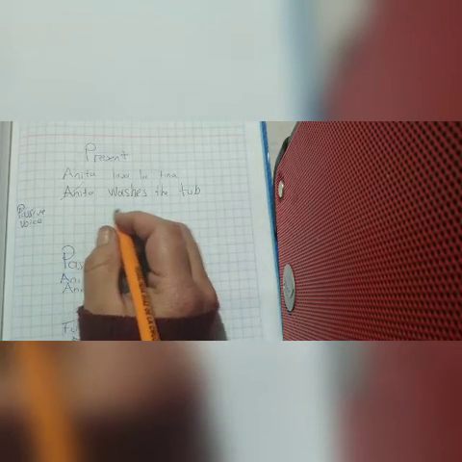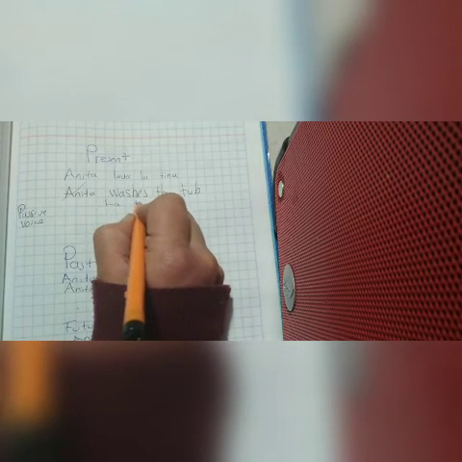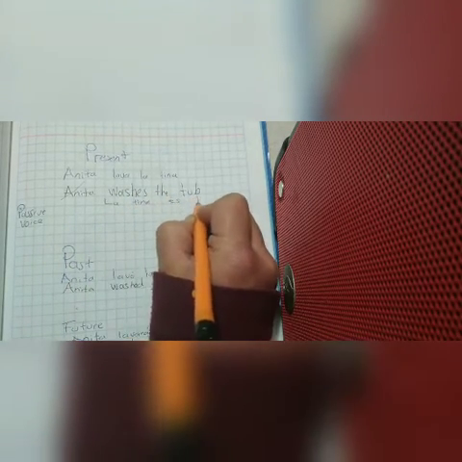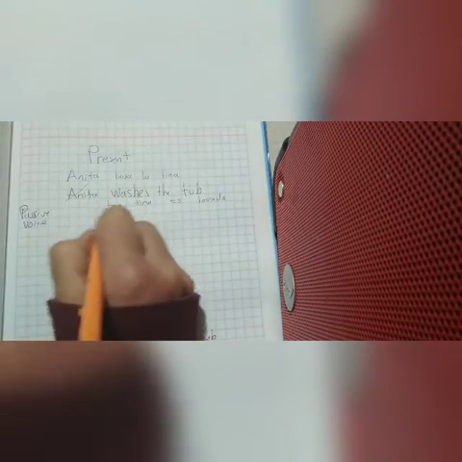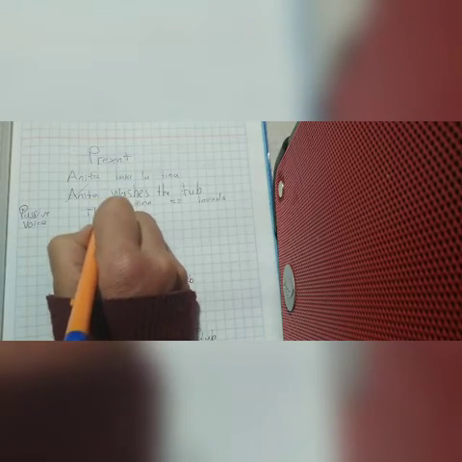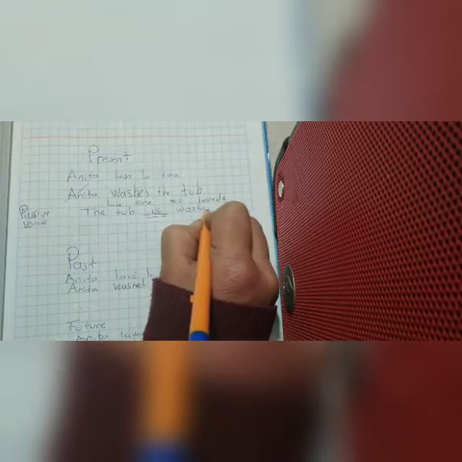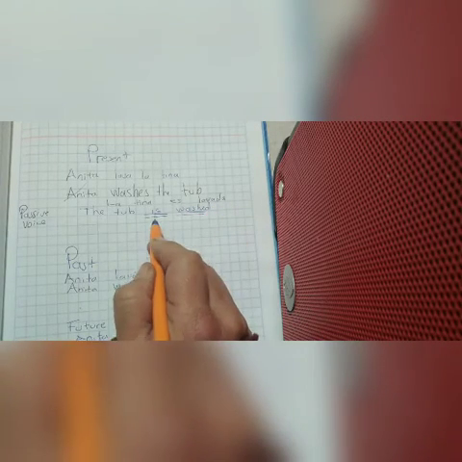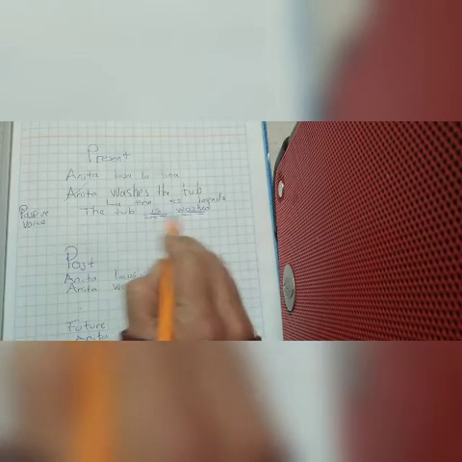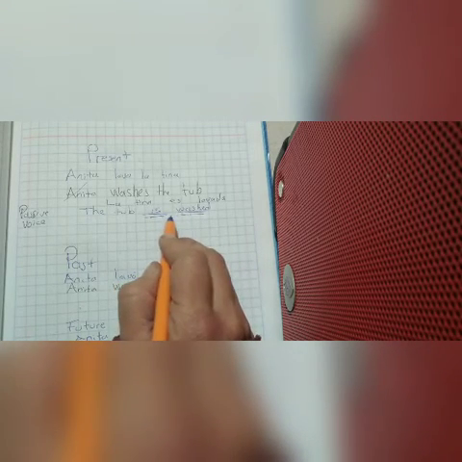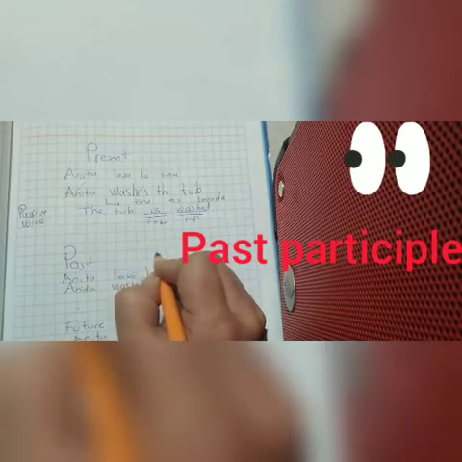So we don't mention it. And we will write, the tub is washed. Look, verb to be and past participle. Always those two words are gonna be together, always the verb to be and the other verb in past participle.